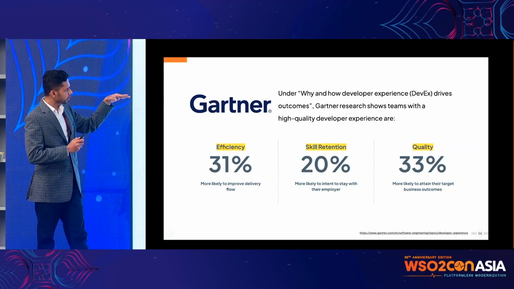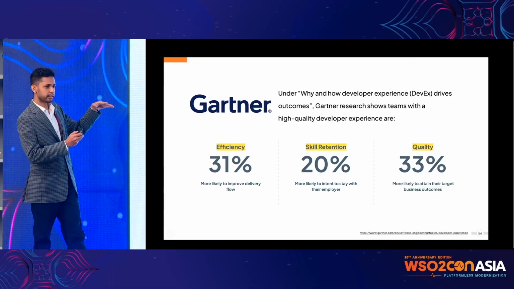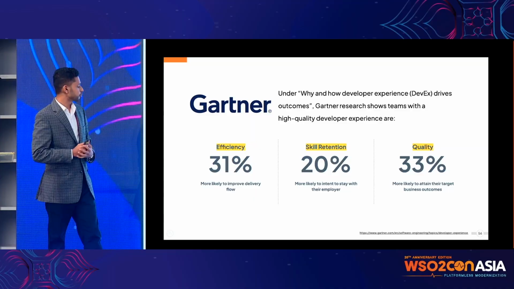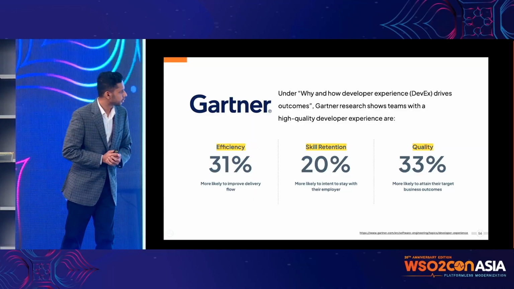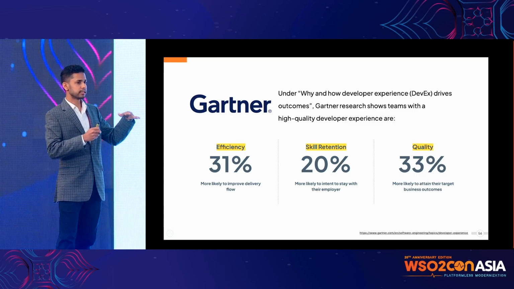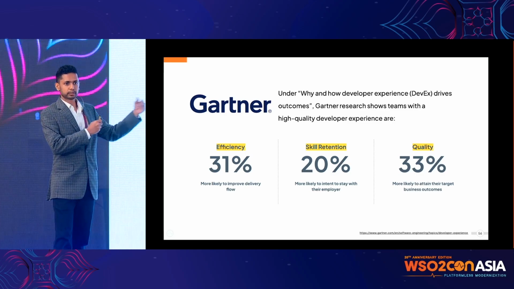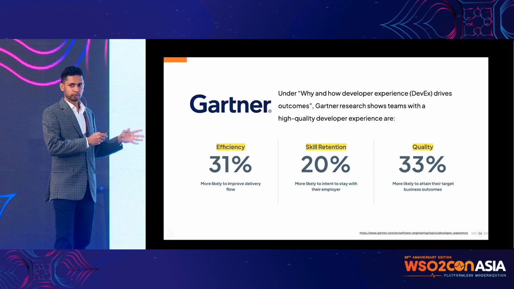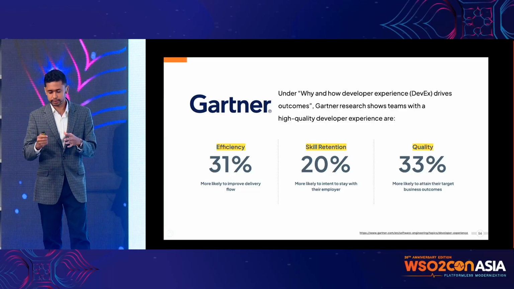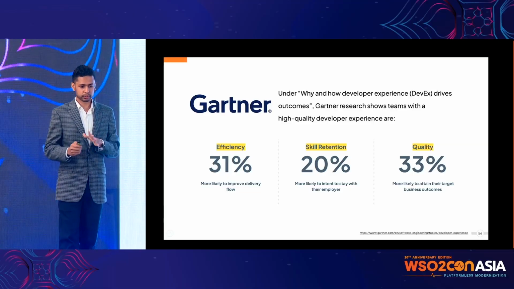These high-quality developer experiences, I read that as good self-service experiences, are most likely to improve delivery flow, and 33% more likely to attain their targeted business outcomes, which is quality equals stability as well. Another proof that our 3 pillars are important pillars that enterprises should focus on.